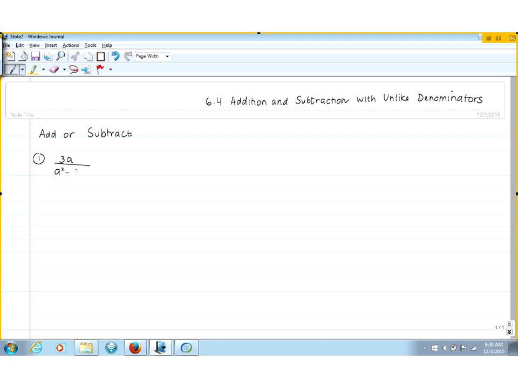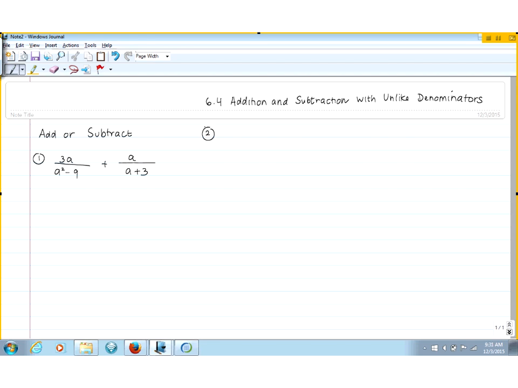3a divided by a squared minus 9 plus a over a plus 3. In general, this is longer than usual.